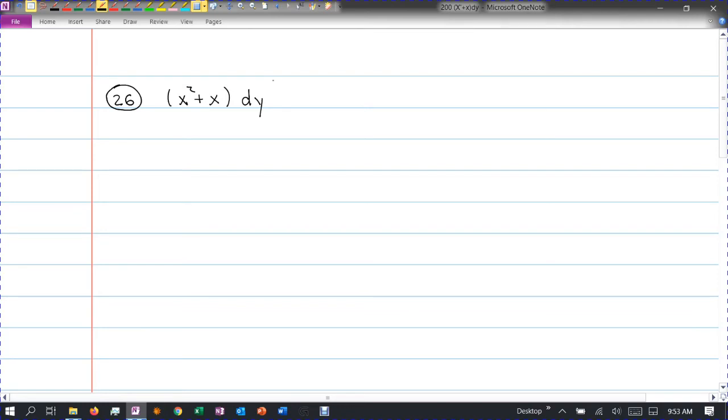Okay, x squared plus x dy equals x to the 5th plus 3xy plus 3y dx. Okay, I'm going to go for y prime here because it looks like I've got a function of x sitting in front of dy, and I'll be able to divide that out.